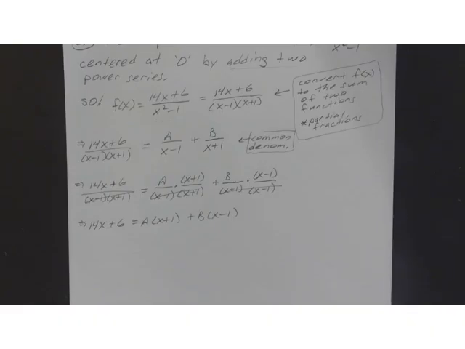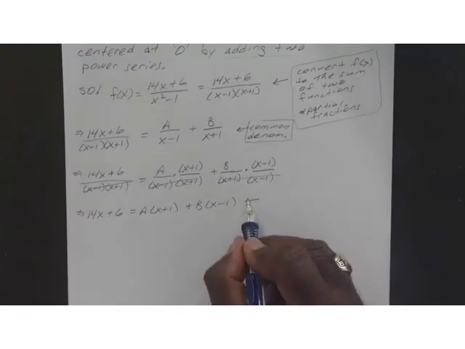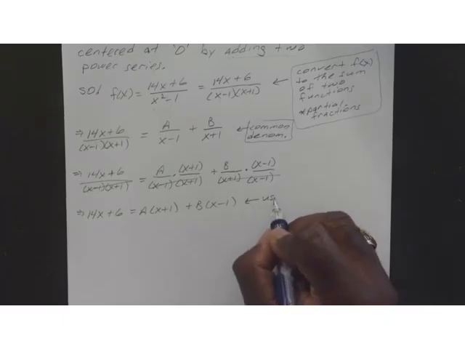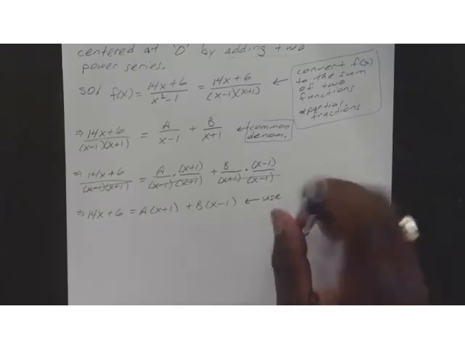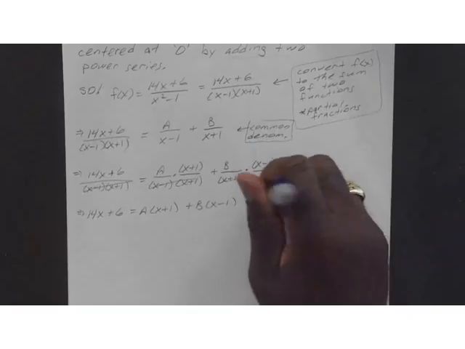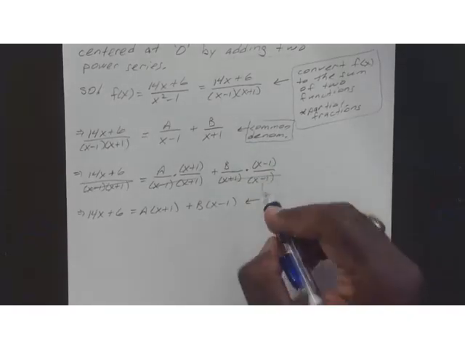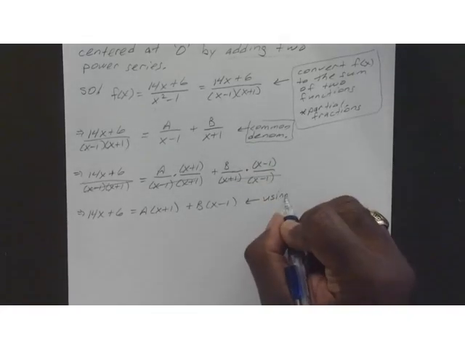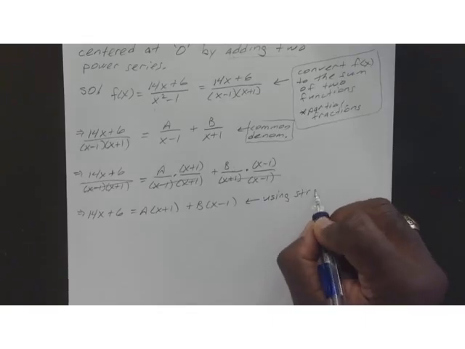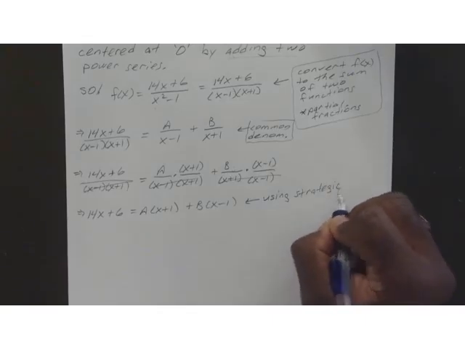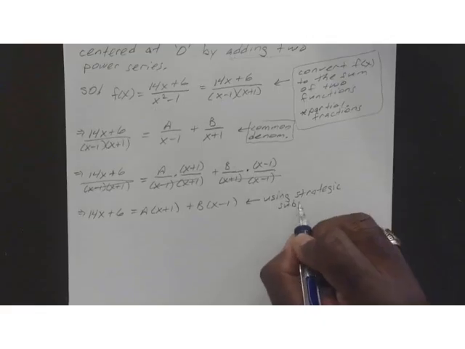So we're going to go ahead and use strategic substitution because it's a lot faster. You don't have to use it. You can use matching coefficients, but we're just going to be using strategic substitution.